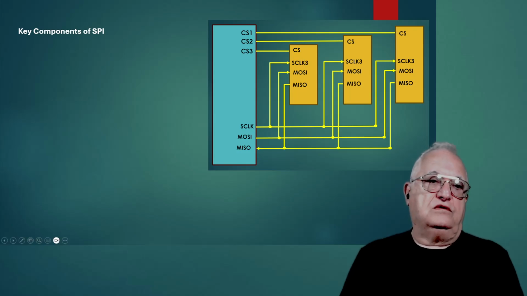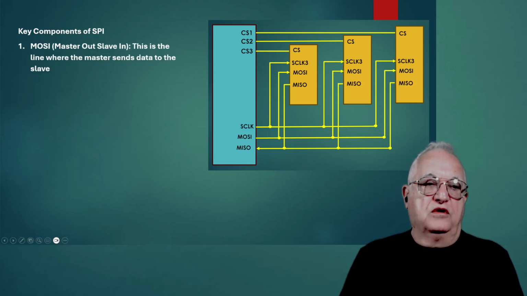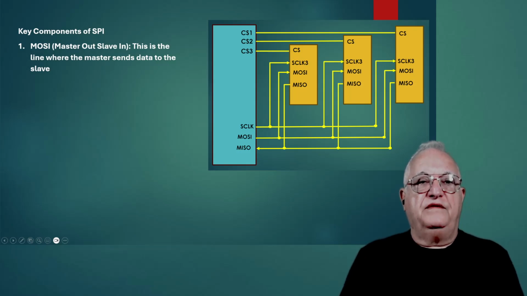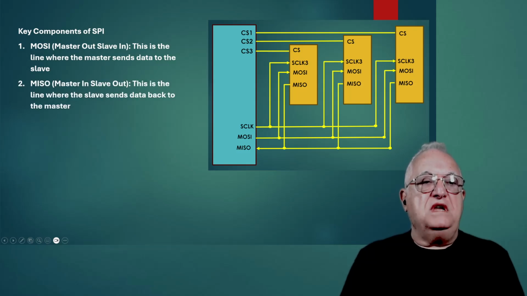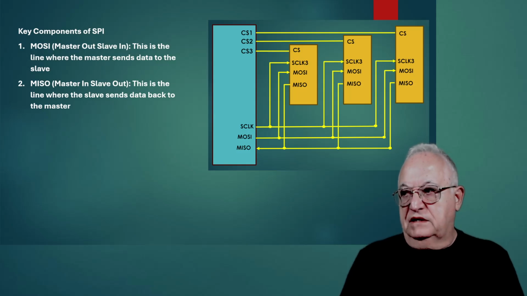So let's go through this. The MOSI, which is master out, slave in, is the line where the master sends data to the slave. You can see here that we send the data. Next we have the MISO, master in, slave out. This is the line where the slave sends data back to the master.